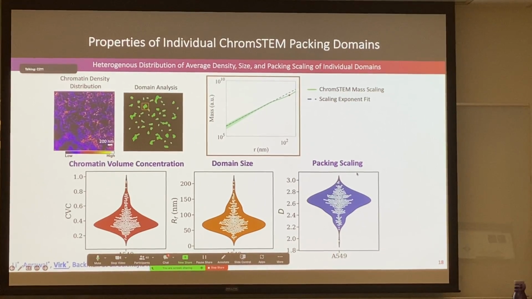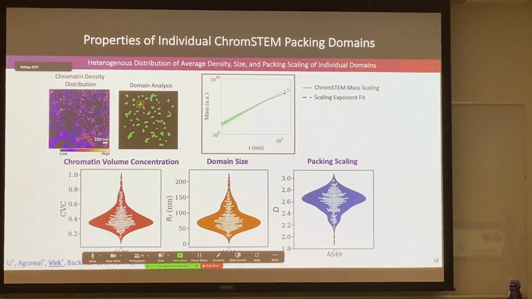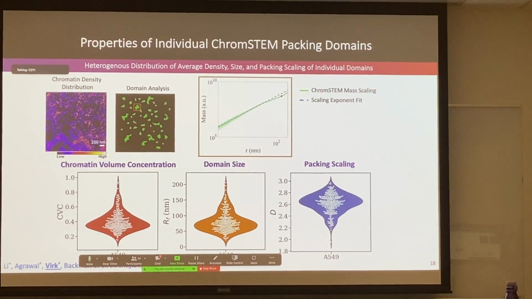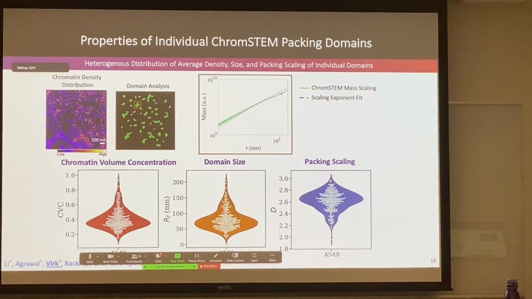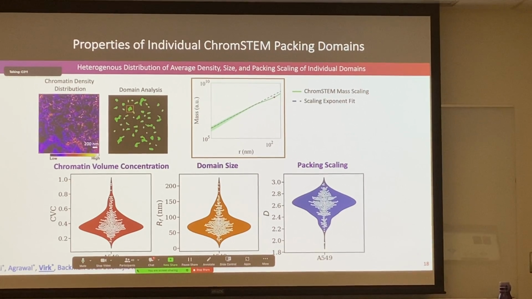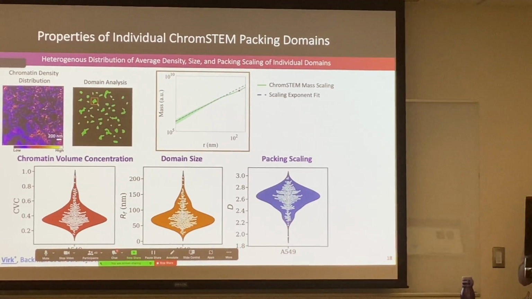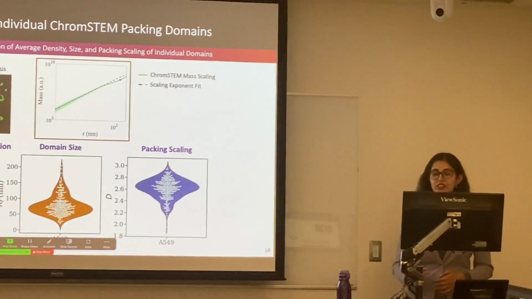So now that we have seen that there does exist a regime of power law scaling within the nucleus, and that these packing domains that have been identified are heterogeneously distributed in terms of their structure, we also wanted to figure out if there are fundamental organizational principles that organize chromatin into these domains.